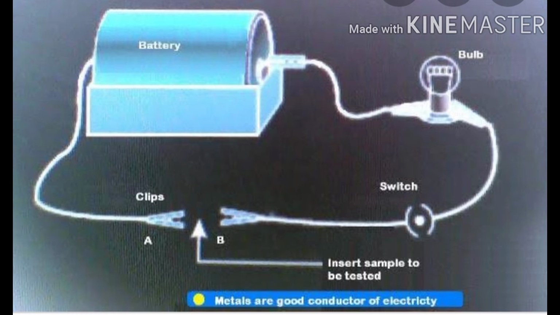Why is it so? They are bad conductors of electricity and thus protect us from electric shock. Non-metals are generally bad conductors of electricity, but an exception is always there. Graphite, a form of carbon which is a non-metal, is a good conductor of electricity.